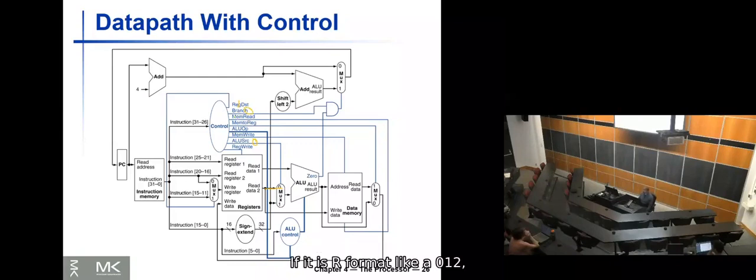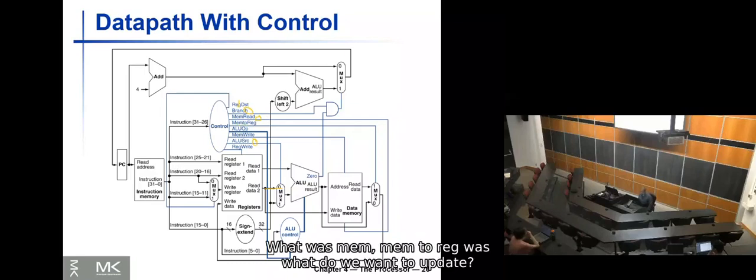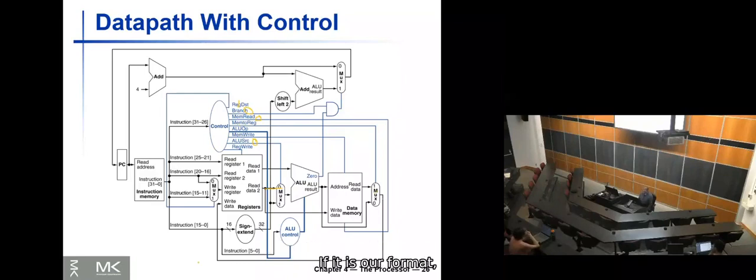Memread: if it is R format like add T0, T1, T2, then there is no memread, so memread will be 0. Mem to reg. What was mem to reg? It was what we want to update the register with.